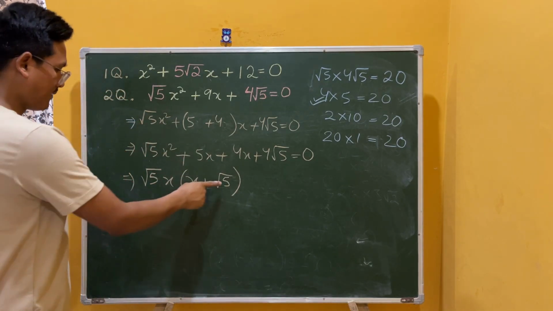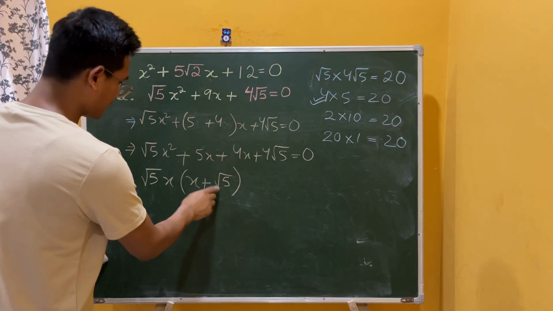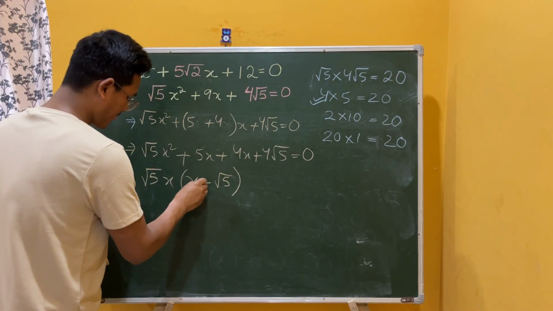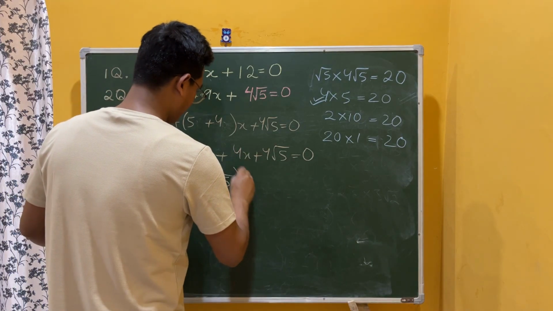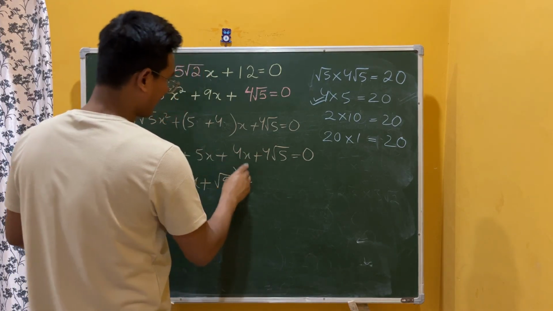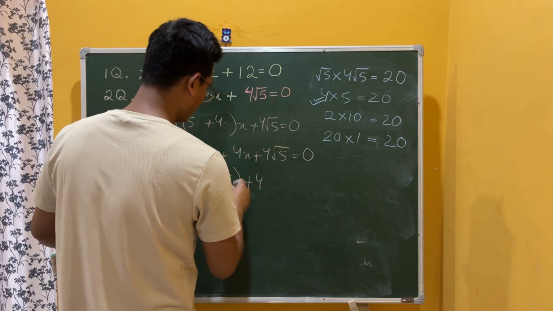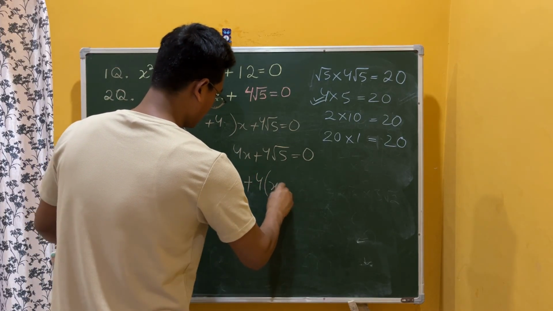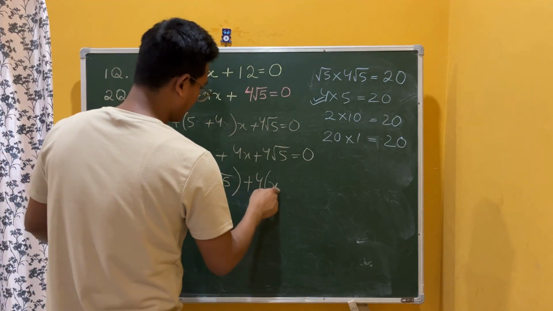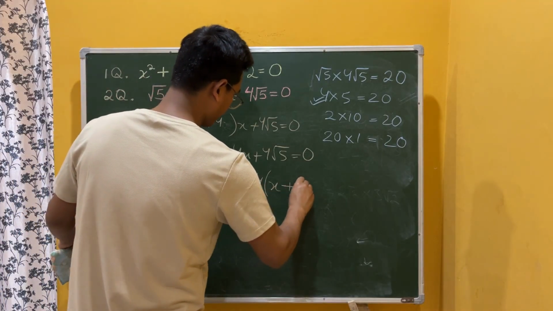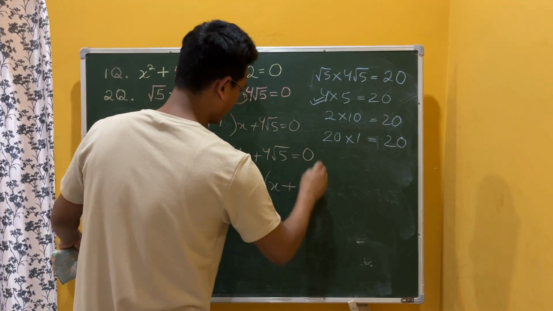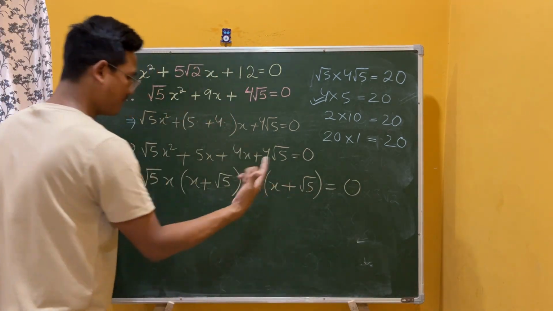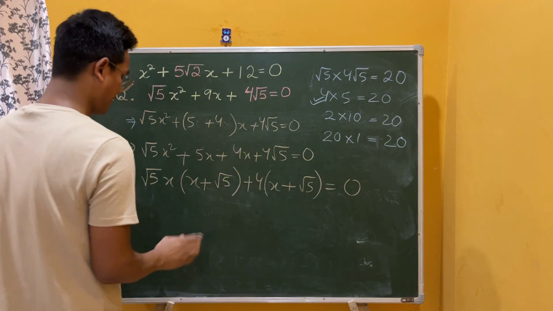So that's why this is the right number that you should choose. From here, this sign will repeat, and from here the common, as it's visible clearly, is 4. So 4 times x is 4x and 4 times root 5 is 4 root 5. Like I said, these two are going to be the same. It has to be the same.